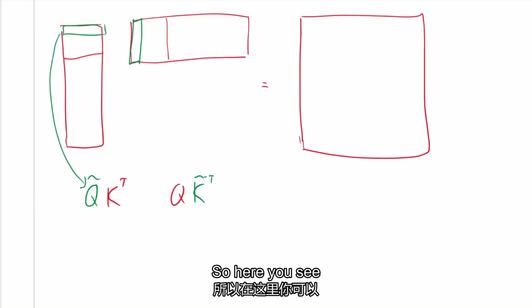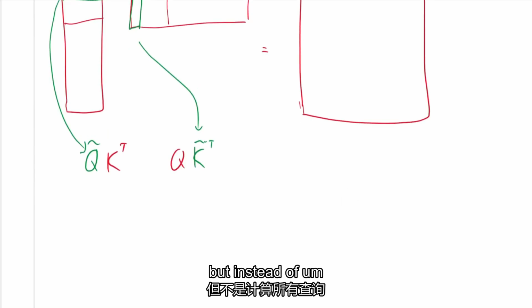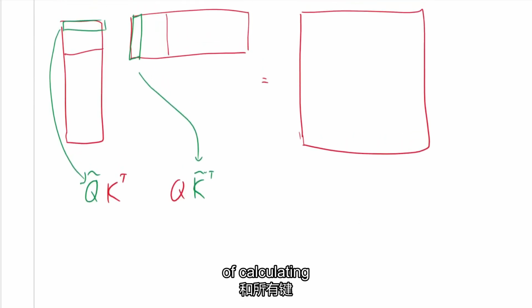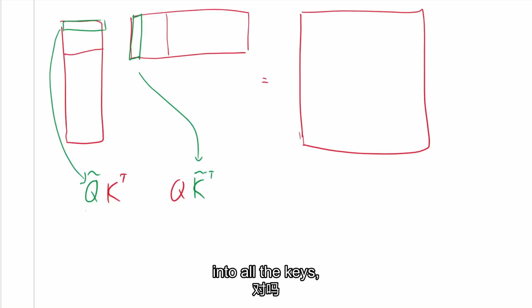So here you see that we're going to calculate our attention matrices, but instead of calculating the full attention between all queries and all keys, we'll simply calculate the landmark query attention into all the keys. And we're going to calculate the attention of the landmark keys into all the queries. So we've now drastically reduced, because instead of having all of the queries and all keys, we'll simply have all keys with 1 query and 1 key with all queries.